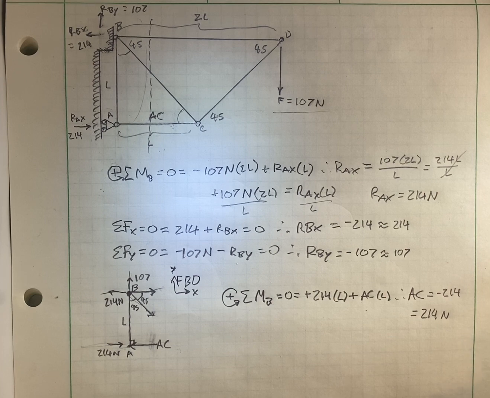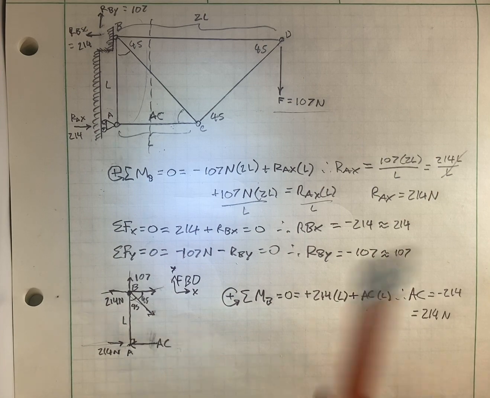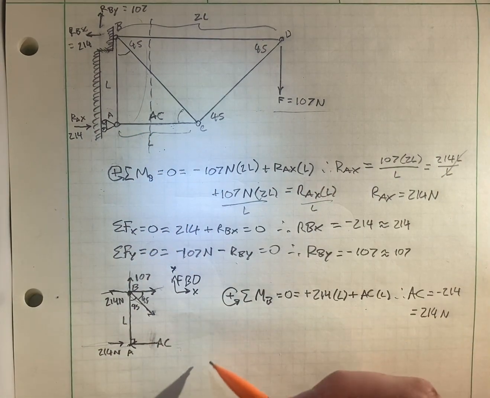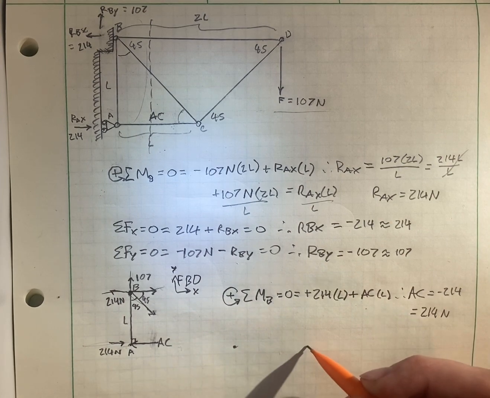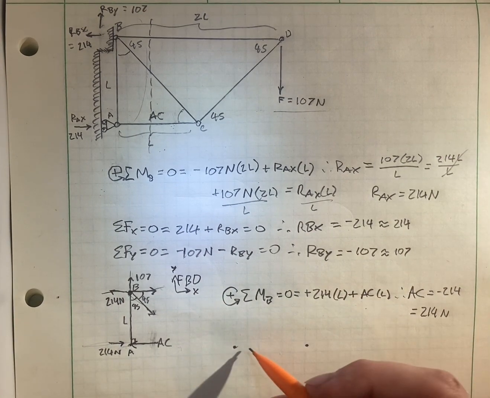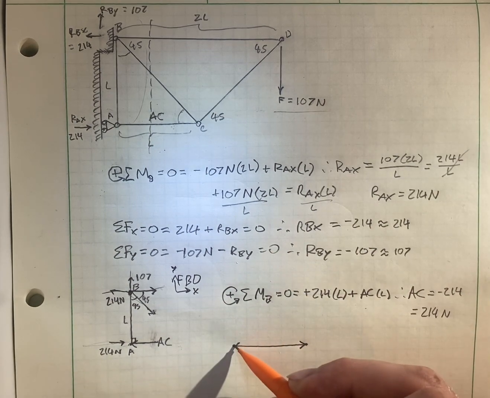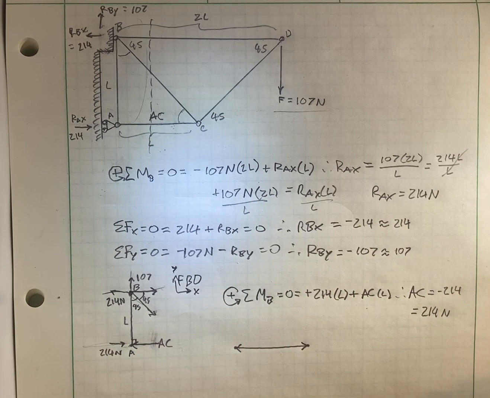So the way I think about that is, look at this force here, right? It's pushing that way onto this pin, right? So let's just zero in on that. If we have two ends of something and the forces in between are pushing on them like that, you might look at that and think, oh, that's tension, right?